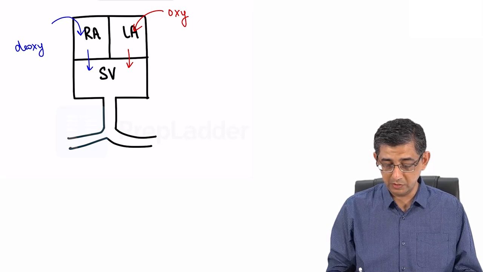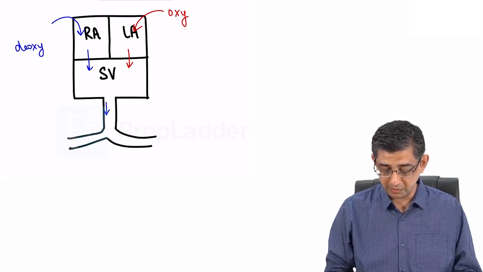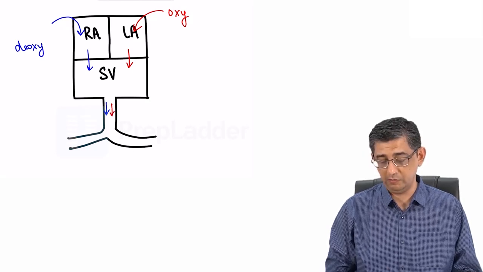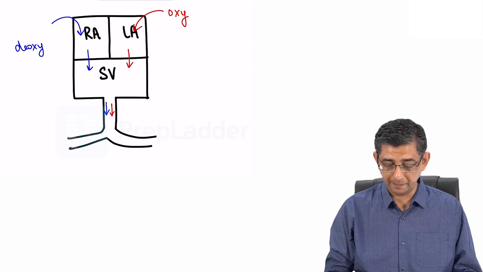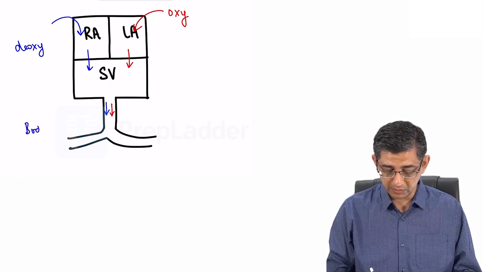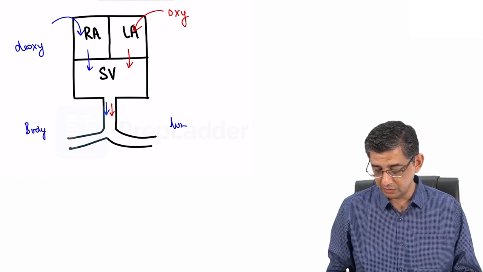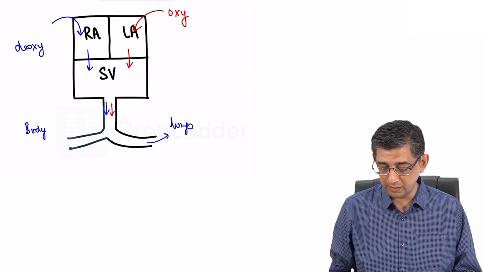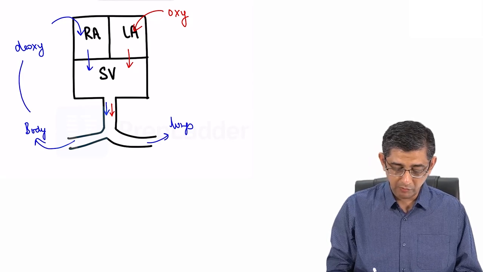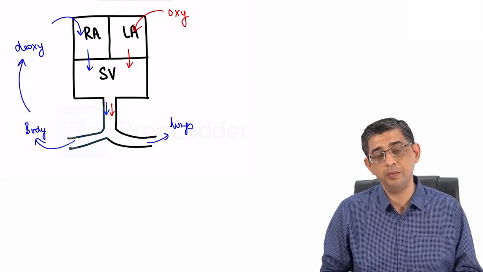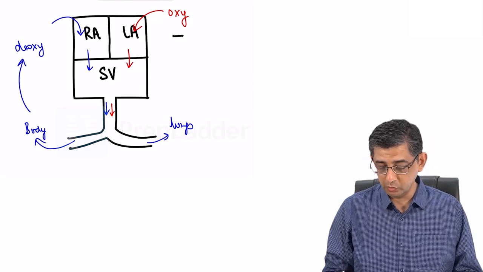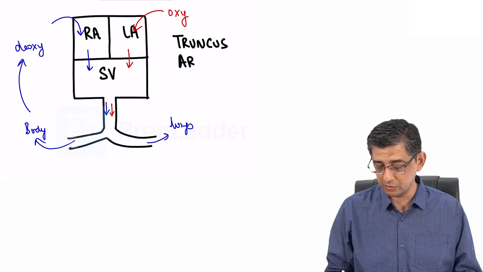Moreover, all this blood, which is a mixture of the two but will be desaturated blood, will race into this common blood vessel and then will be distributed to the body and to the lungs as well. As such, in this condition, I have not highlighted any aorta or pulmonary artery. Well, I presume you should have guessed the name by this point of time. The disease that I'm teaching you is called truncus arteriosus.